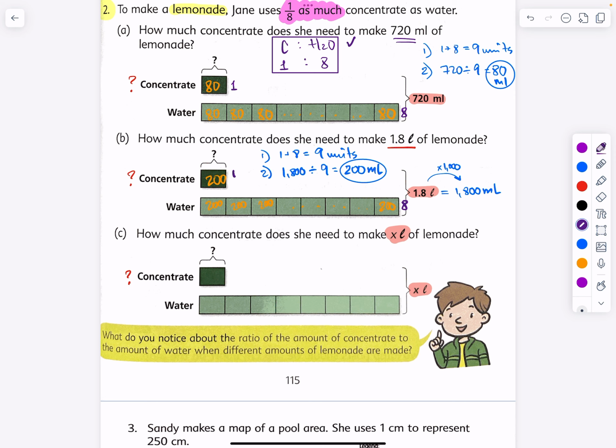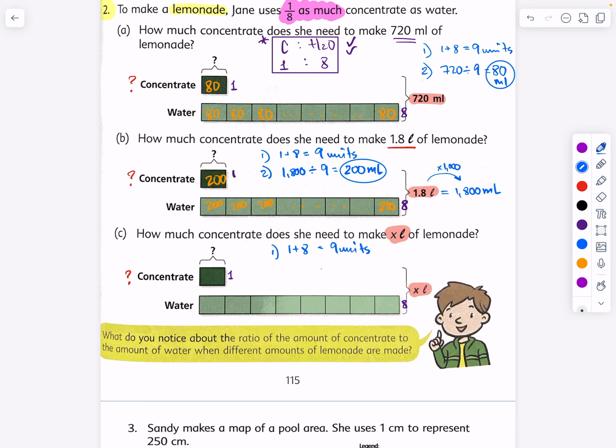We have 1 part concentrate to 8 parts, or 1 to 8, the same ratio. The same ratio holds this key given information. So, what do we do? We follow the same logic. Step 1. In total, we have 9 parts, or I call them units.